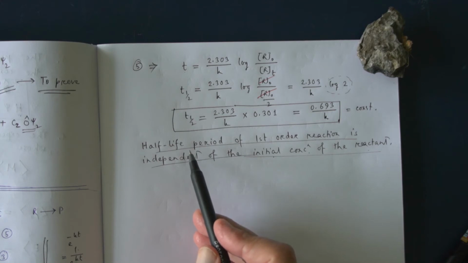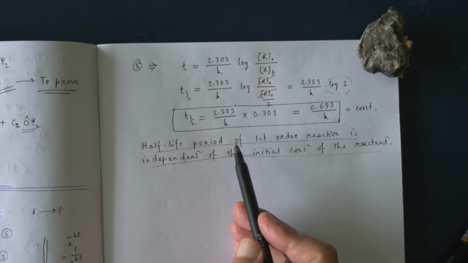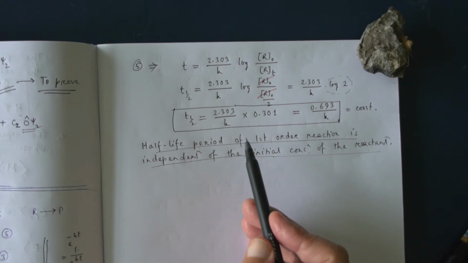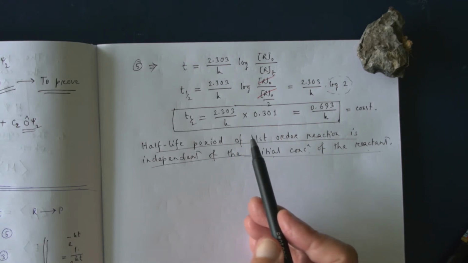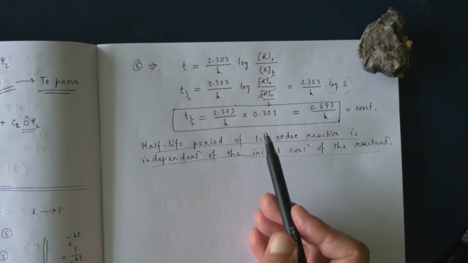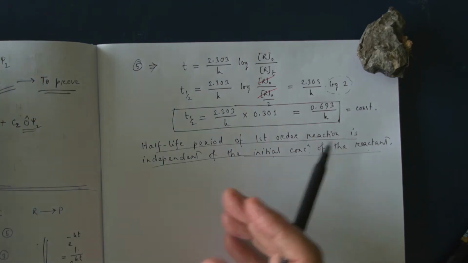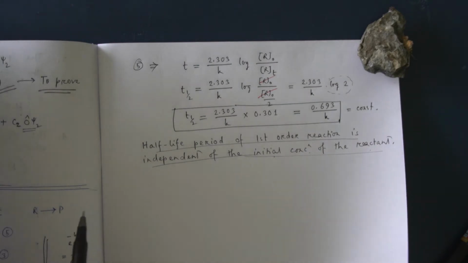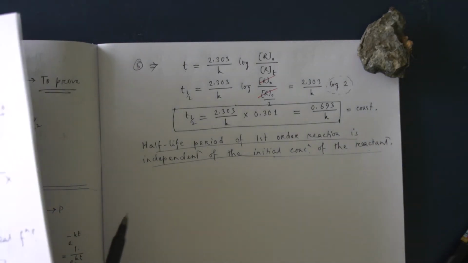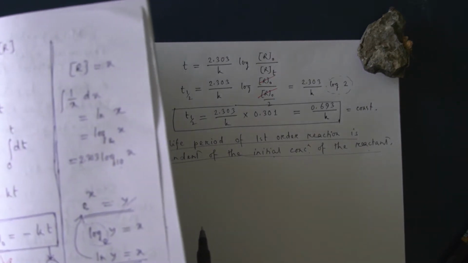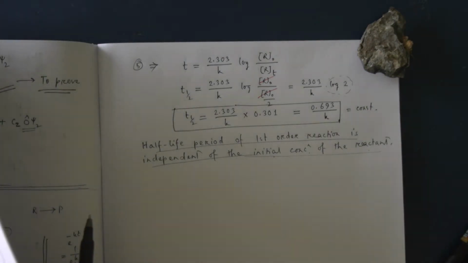In the case of zero order reaction, we found that the half-life period of a zero order reaction is proportional to the initial concentration of the reactant.